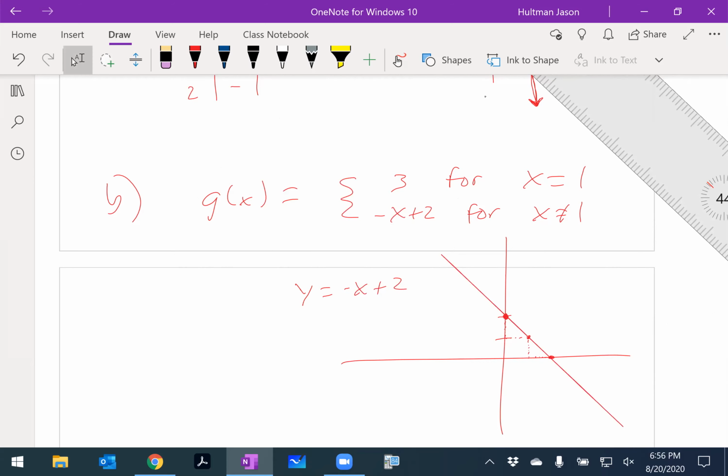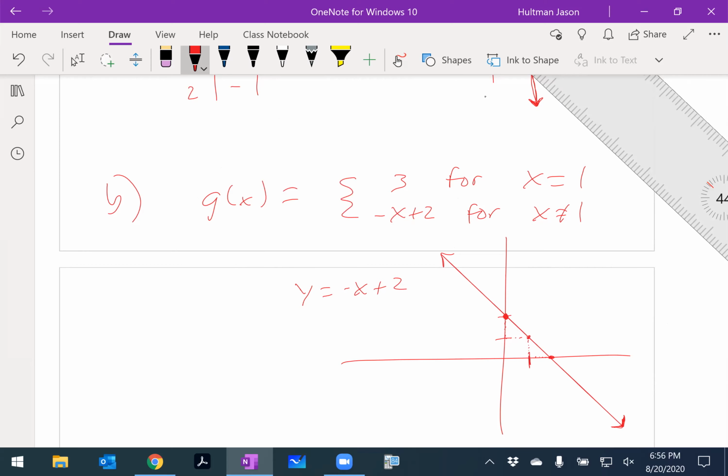So let's graph my line there. Okay, and so that's the line. The problem is when x is equal to 1. What value is the function when x equals 1? It's not 1, right?